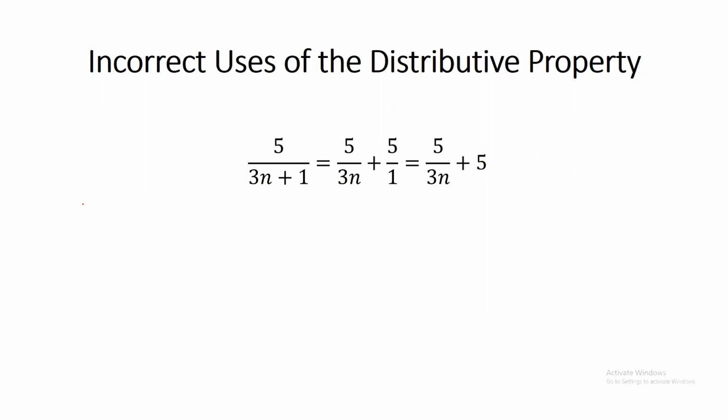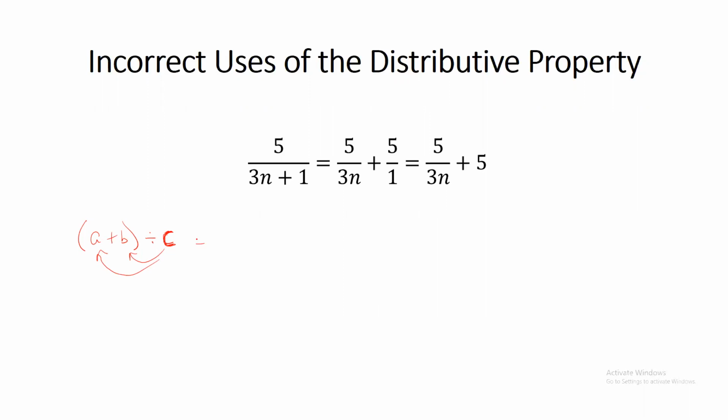When we're distributing division over addition, we are adding two numbers, we are dividing by something, and we take the number that we are dividing by, and we distribute that division by C into each term, right?